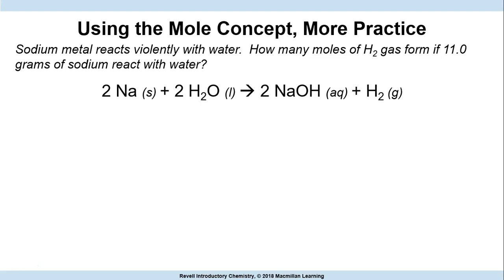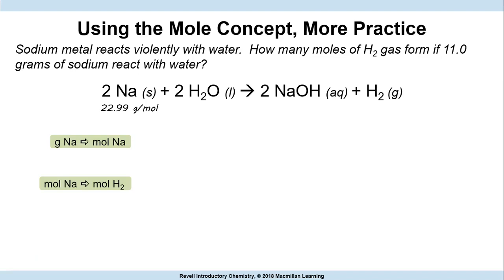So how do we convert from grams of sodium to moles of sodium? We are going to use the molar mass of sodium. The molar mass of sodium is 22.99 grams per mole. In this case, we are given 11.0 grams.